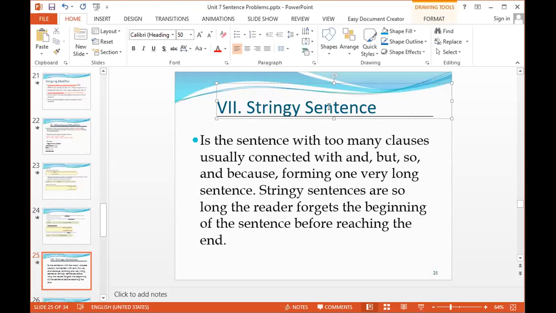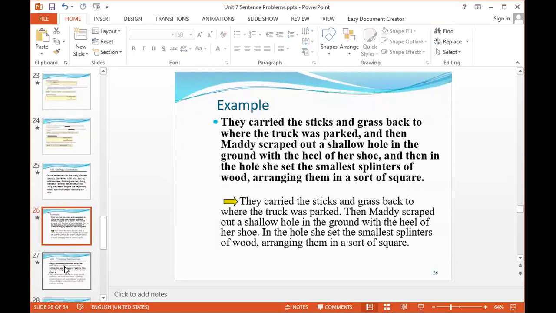Example: they carried the stick and grass back to where the truck were parked, and then Maddie scraped out a shallow hole in the ground with the heel of her shoe. And then in the hole, she set the smallest splinters of wood, arranging them in a sort of square. When you combine a lot of sentences like this, we call it a stringy sentence, a very long sentence.